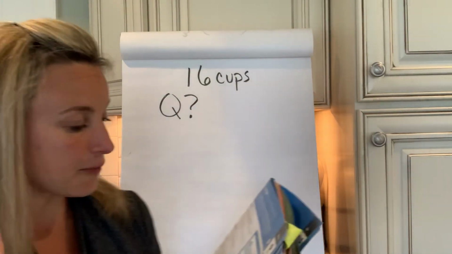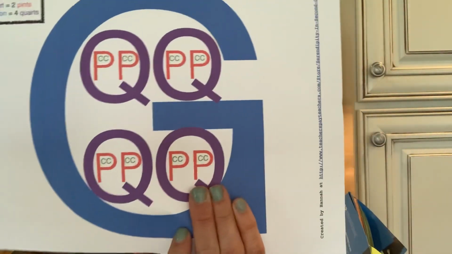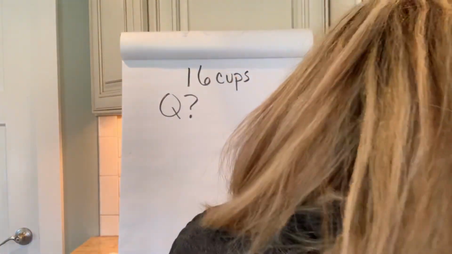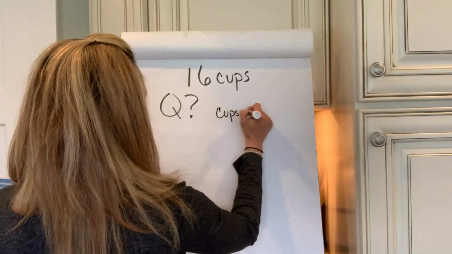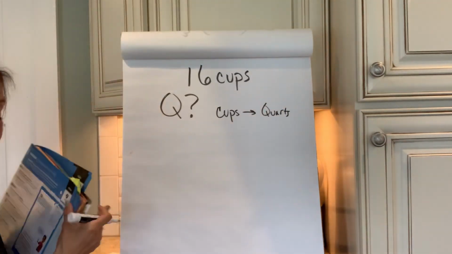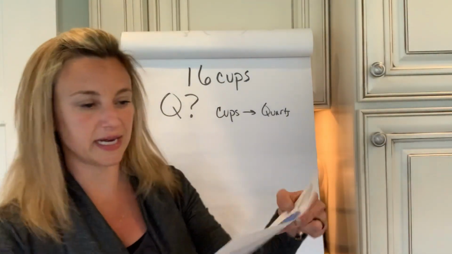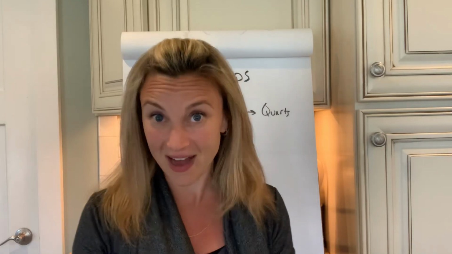So it says right here, remember that there's 2 cups in a pint and 2 pints in a quart. So what we are going to do is go from cups to quarts. So we are going from a smaller unit, because we all know the size of a cup, it's pretty tiny, to a bigger unit, which means that we're talking about conversions, we are going to divide.